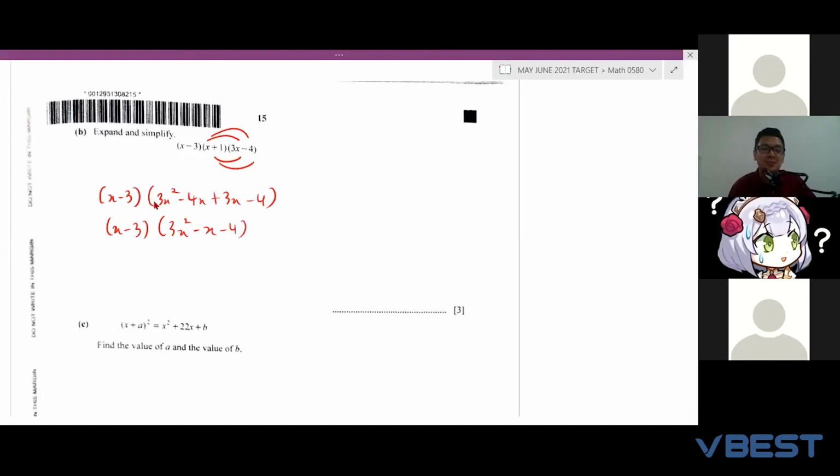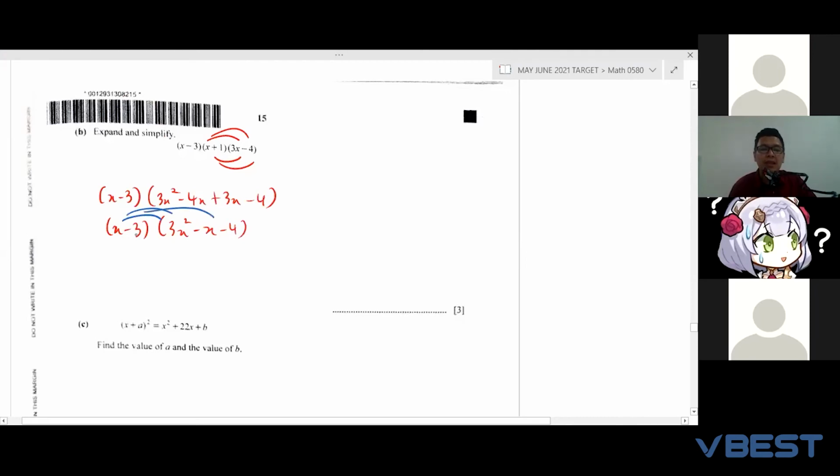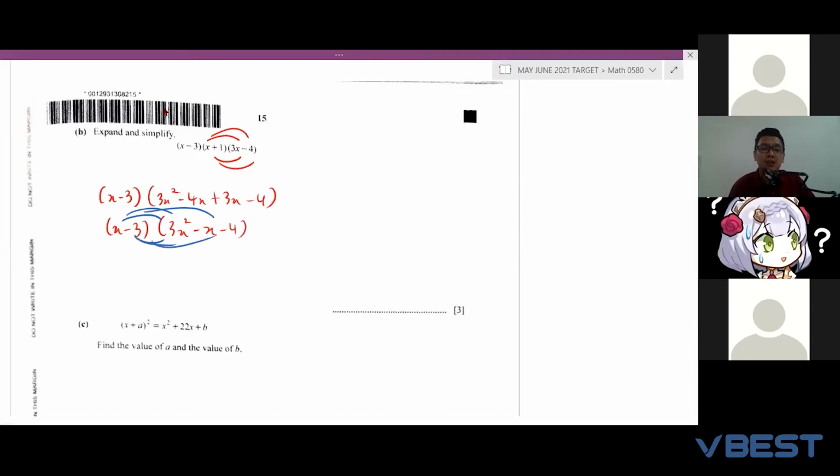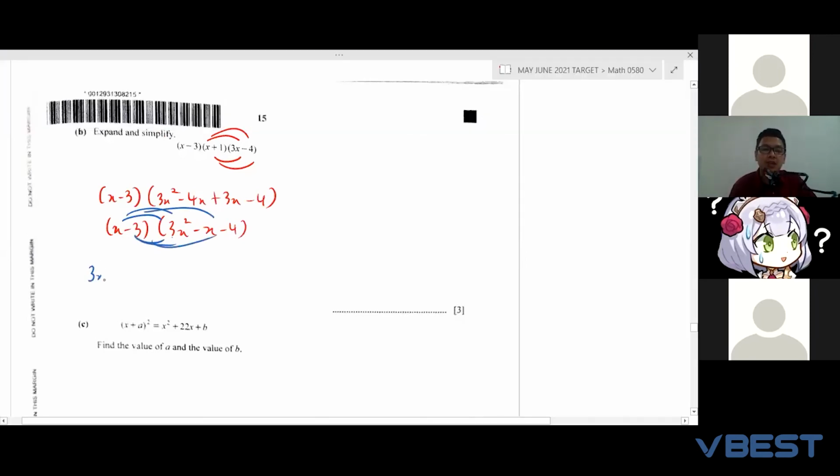Then expand it again. Expand everything. From here, x and 3x squared becomes 3x cubed. x and negative x squared, x and negative 4 is negative 4x. Negative 3 here gives negative 9x squared, here becomes positive 3x, and here becomes positive 12. Make sure that you simplify.